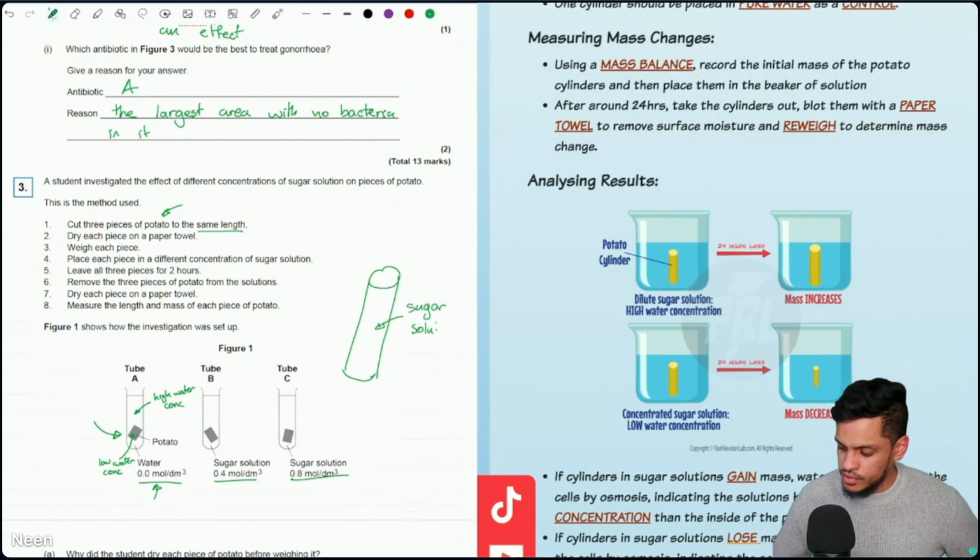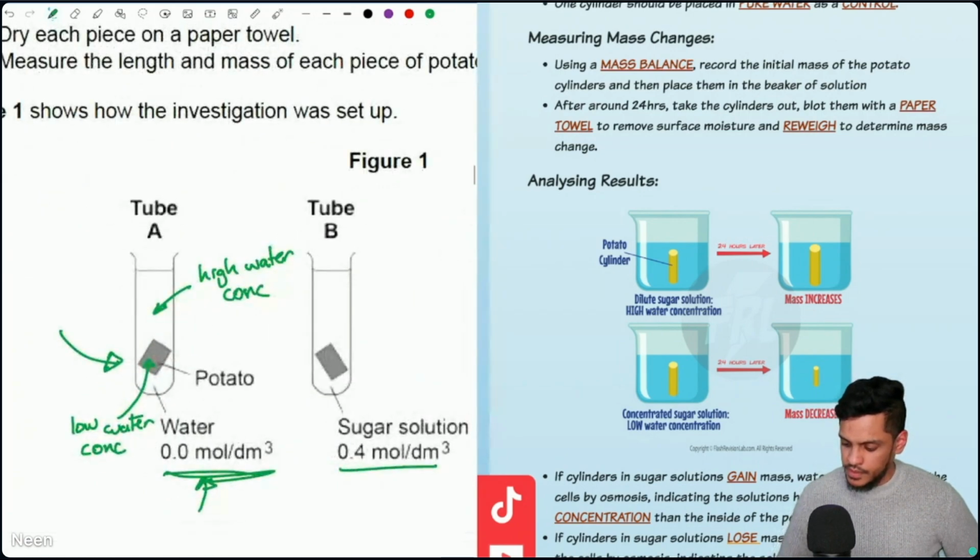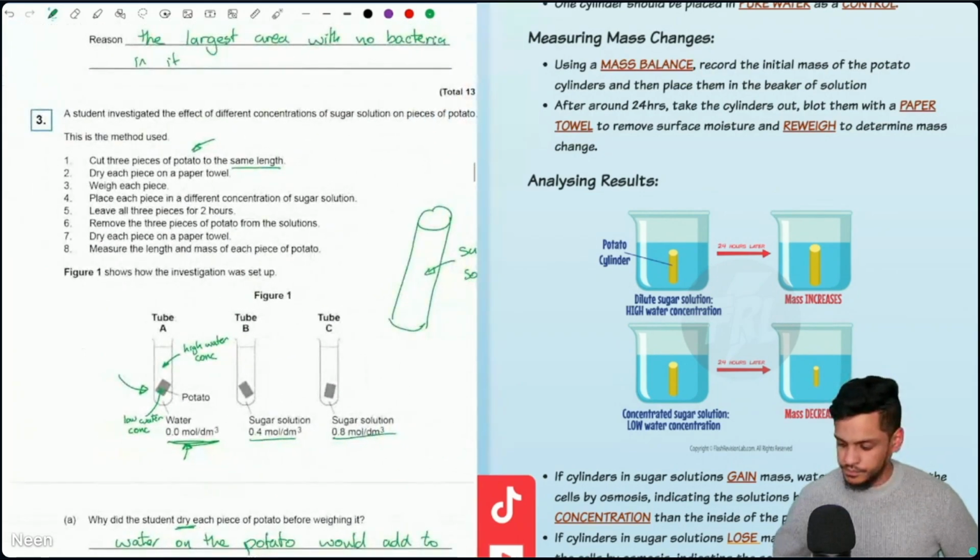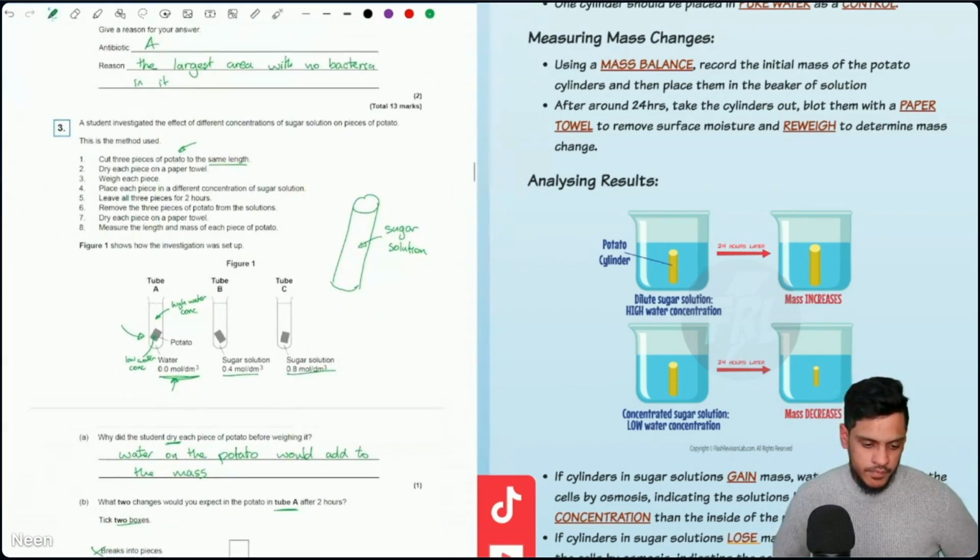You have a sugar solution in there, but we don't know how concentrated that solution is. Oh, it's potato A in water. Yeah, potato A is in water. Look, it says water, and it says the sugar solution is 0.0 mole per dm cubed. So it's pure water. Does that answer your question?